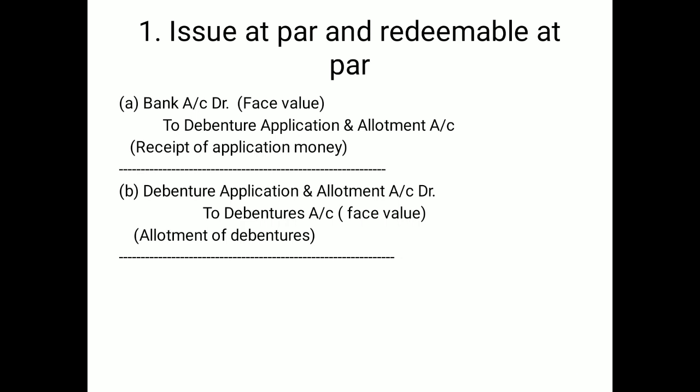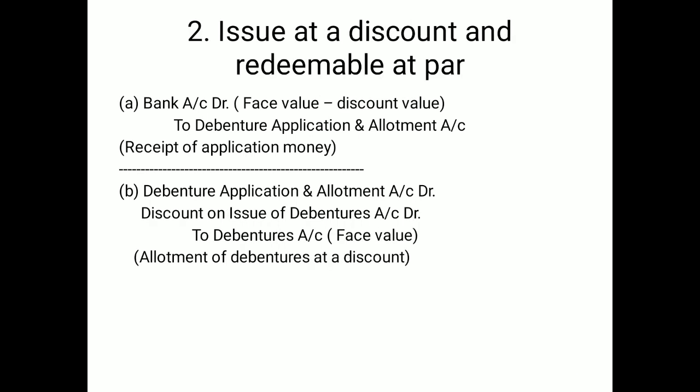Now come to the next condition: issued at discount and repayable at par. When I am talking about discount, suppose I am taking 5 rupees of discount. So the first entry will be passed with 95. The entries are the same, where the change is coming is in the first entry, which is the same but the value is 95, after deducting the discount value.